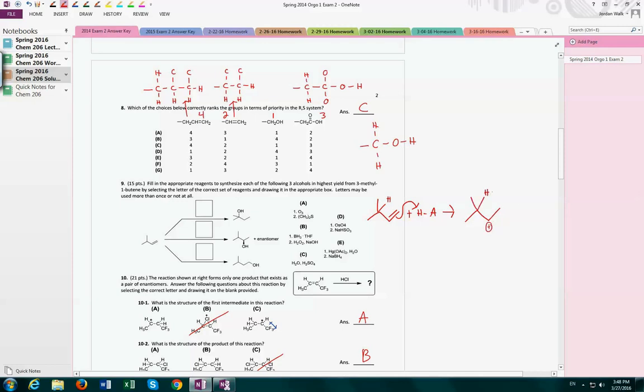Can you see anything that we might be able to shift to go from the secondary carbocation to a more stable tertiary carbocation? Yeah, we could undergo a 1,2 shift like this, which would lead us to this carbocation.